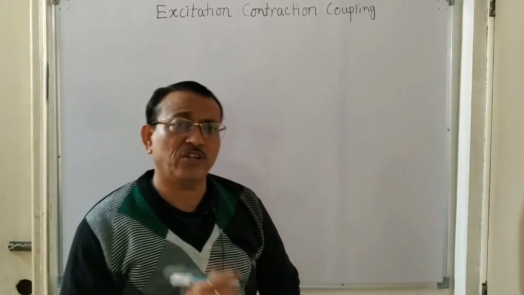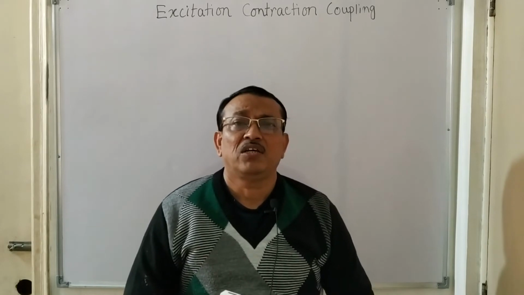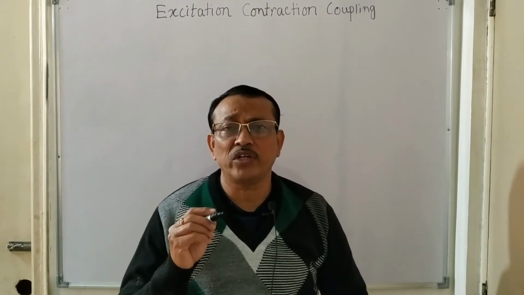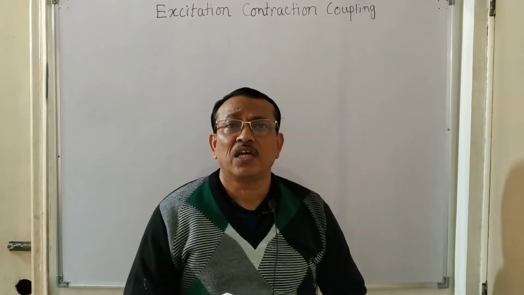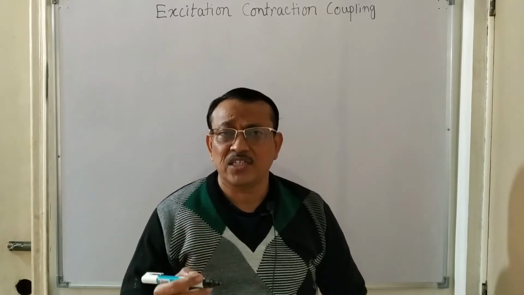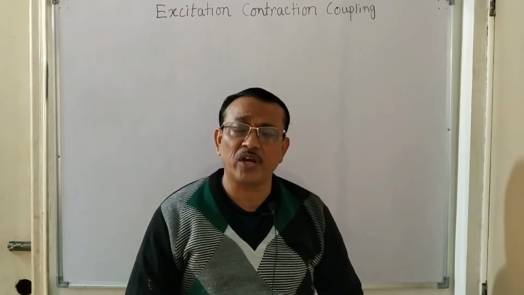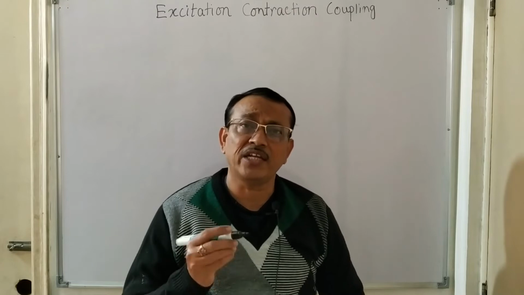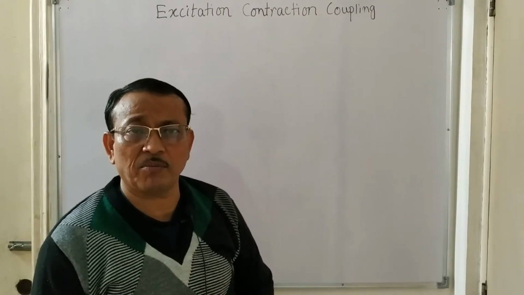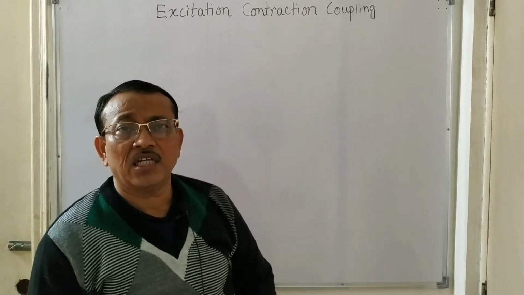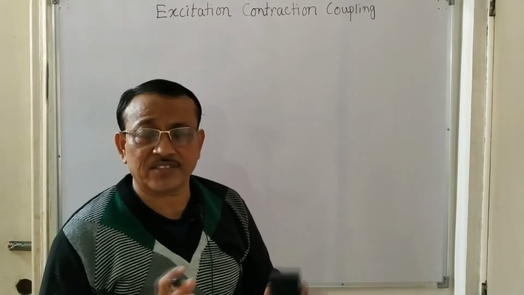Now in this video I will explain that if a motor neuron is stimulated, then first the muscle membrane or sarcolemma is excited or stimulated, and in response to stimulation of the sarcolemma, the contraction of the muscle takes place.